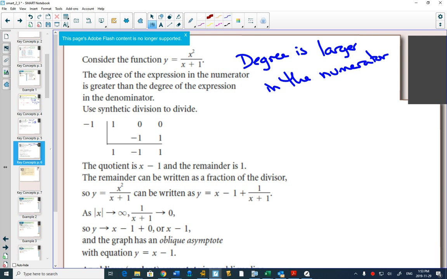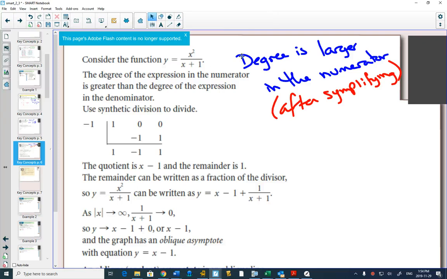And again, I'm going to write this in red. This is only after you've simplified. Sometimes you start with the degree higher in the numerator, and then after you've simplified, it's no longer the case that you have to worry about it. But in this situation, it is x squared over x plus 1.